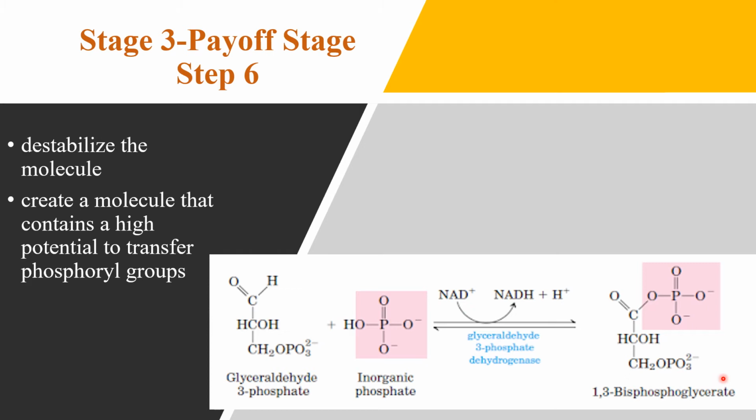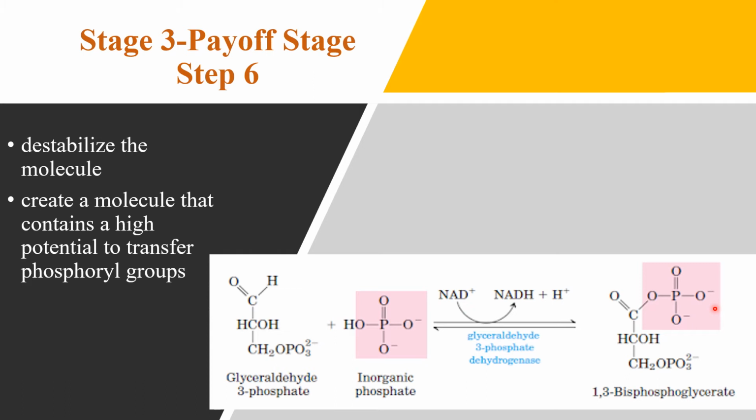Why do we want to do that? Because we want to transform a molecule that has a relatively low potential, which is GAP, to transfer phosphoryl group into a molecule that has relatively high potential to transfer that phosphoryl group.